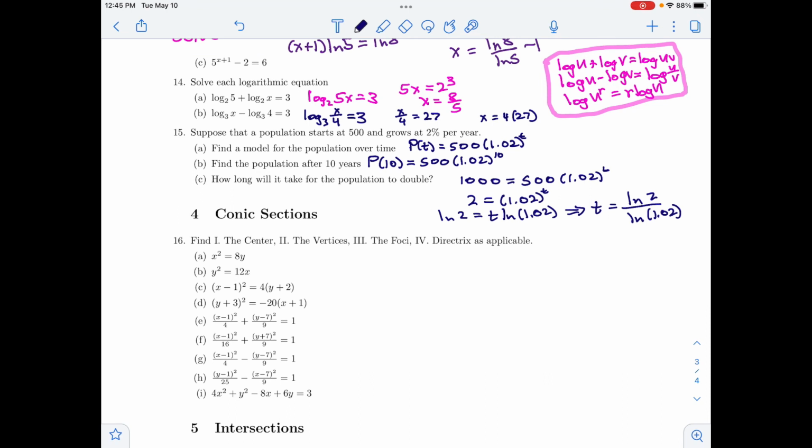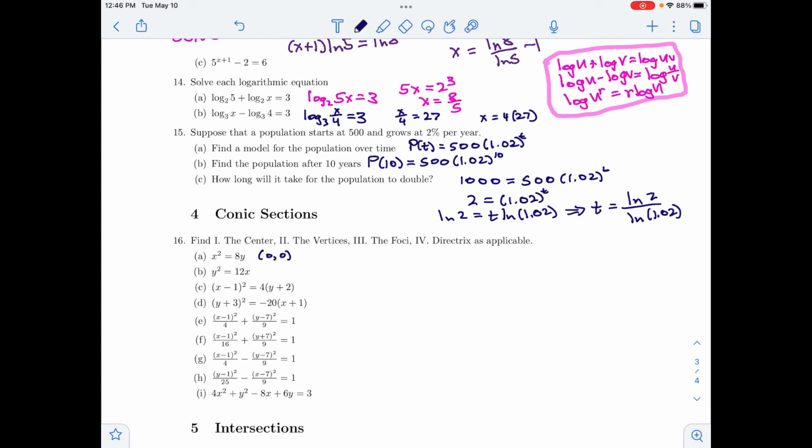Okay, now we're on to conics, and we've got these various conic sections, and we just recognize what type we have. This first one is a parabola opening up. Its vertex is 0, 0.